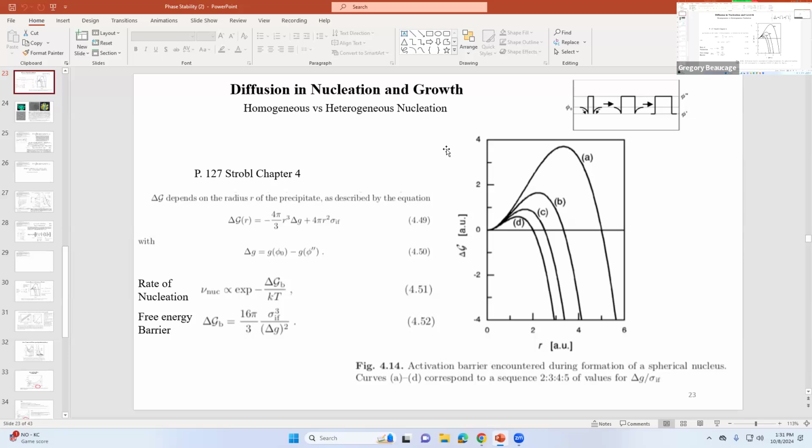Within spinodal, the dust doesn't matter because the phases just spontaneously decompose. But if you're doing nucleation and growth, the dust matters because you need a nucleation site in order to grow, because you're in the frown part of the phase diagram. So it doesn't spontaneously decompose. It has to have nucleation sites. So that's heterogeneous nucleation, which would be the dust.